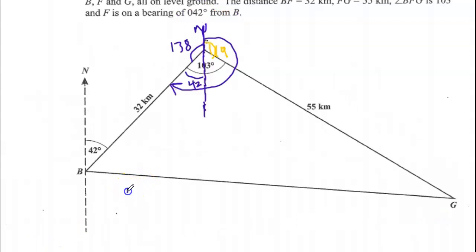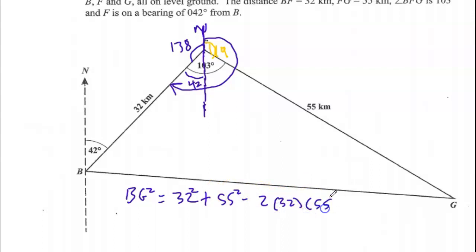Applying the cosine rule to that triangle here, BG square is equal to 32 square plus 55 square minus 2 times 32 times 55 cos the angle opposite to BG, which is this angle, 103 degrees.